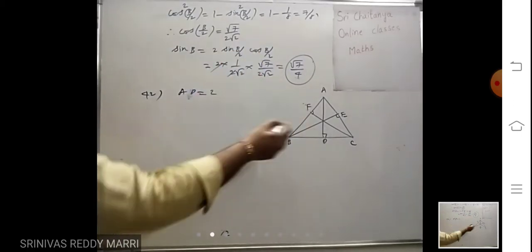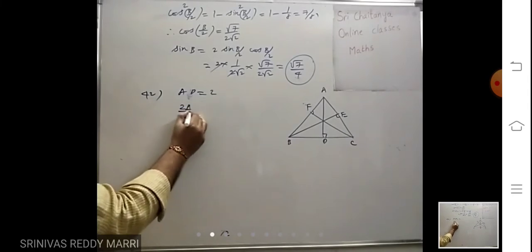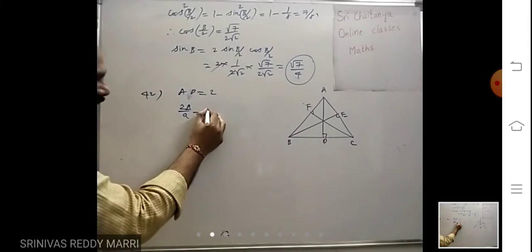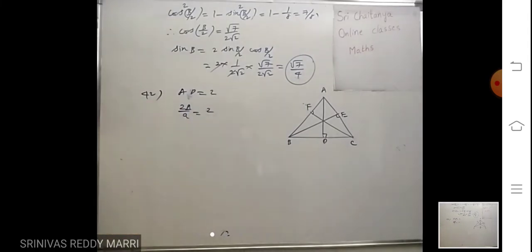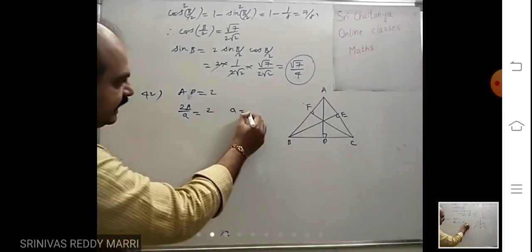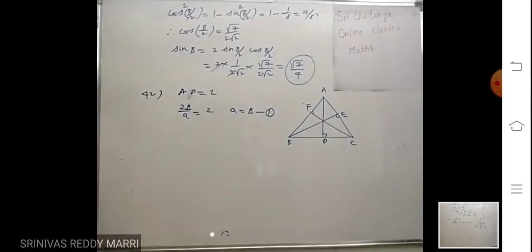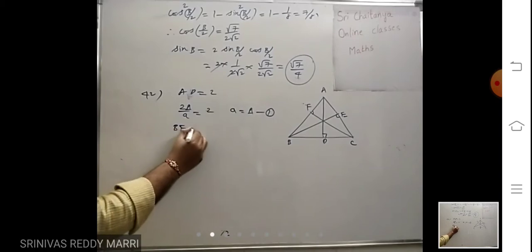I have told the altitude passing through A formula is 2 delta by A, which is nothing but 2. That means from here you will get A equal to delta. Let us say that is the first equation. Altitude passing through B, let us say 4 is given.